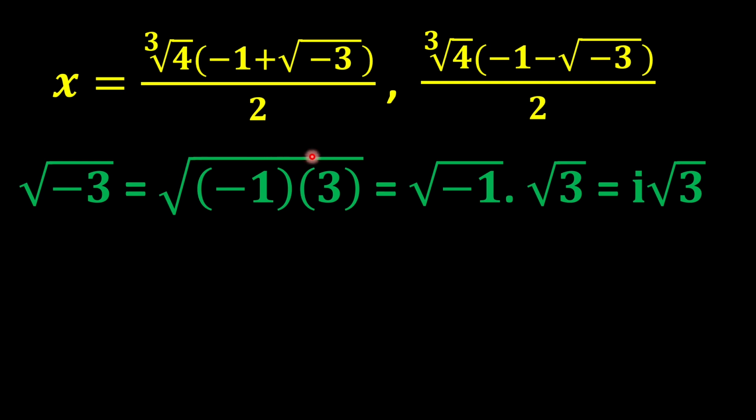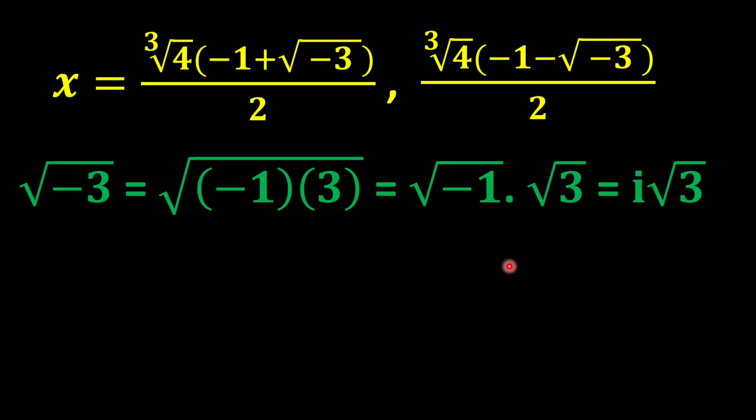So now here we can see this under root minus 3. We can write this under root minus 3 as under root minus 1 into under root 3, and this under root minus 1 is equal to iota.